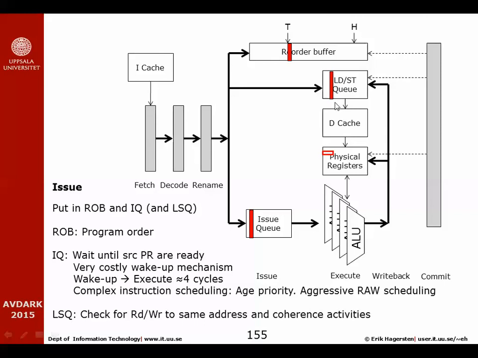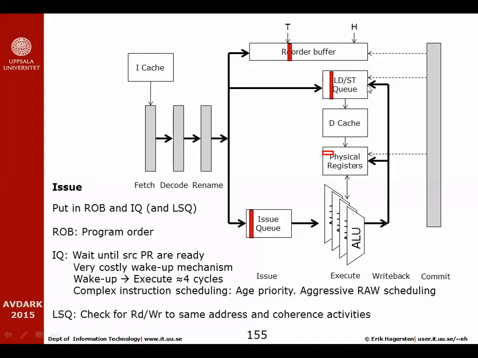And of course, if loads and stores start to bypass each other, it's really important that you catch situations where the loads and stores are for the same address. So a store should not be able to bypass a load, for example, and write a new value to the memory so the load will return the new value. That should not be possible.